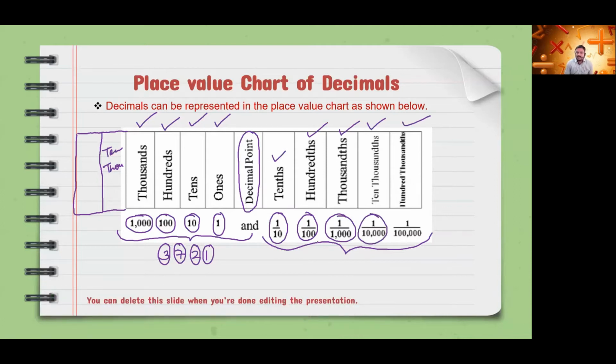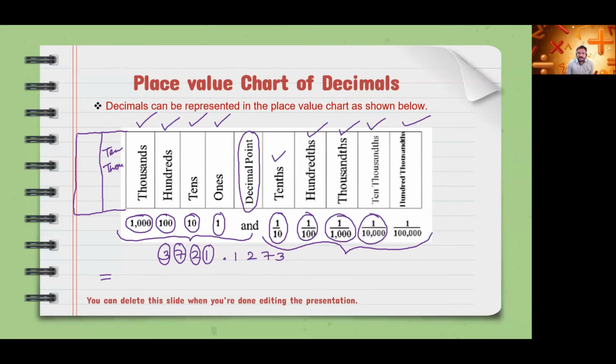Okay, so if the value is like this now, 3721.1273, who will tell me how we will represent this value? Yes, Manit, can you tell me the value? Sir, the whole number value is 3721.